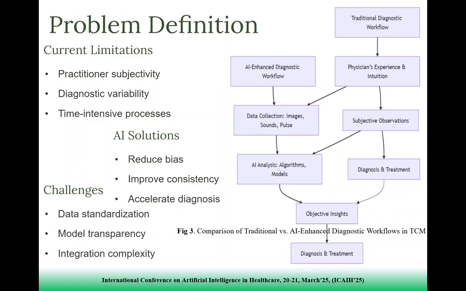Integration complexity is also not simple or easy, because it requires linking technologies with very subjective traditional knowledge.